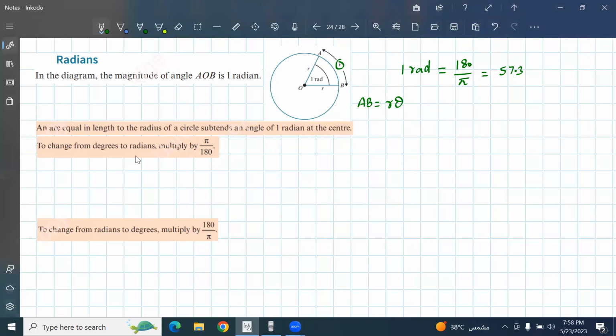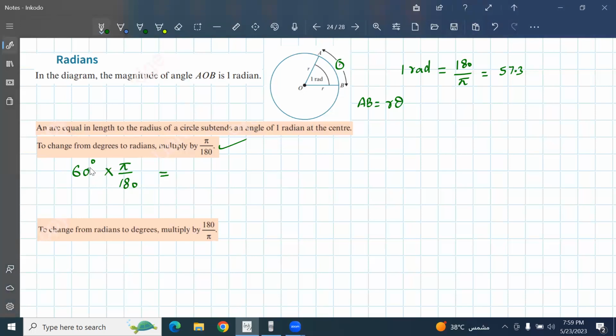Okay, so here, how to change degree to radian? For example, we have 60 degree and we are looking for the answer in radian. So we have to multiply with pi over 180.